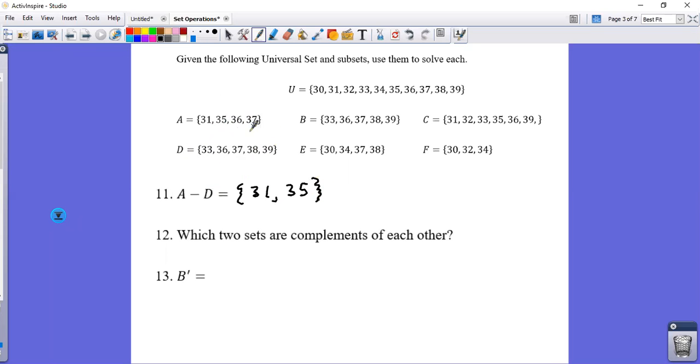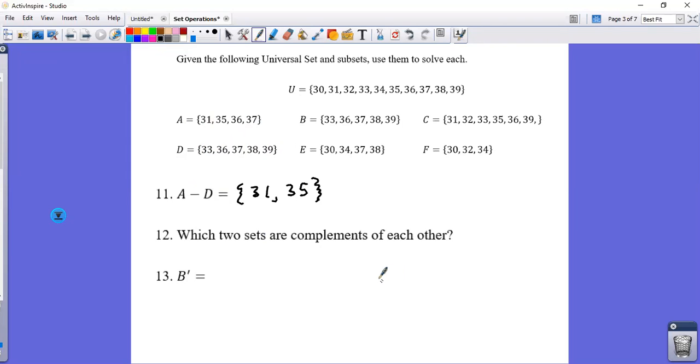So that's all that would be left. But this 33 that didn't exist in A at all has no effect on that subtraction. So it's only taken out. When you do subtraction, you're either going to get set A back or some subset of A, something smaller than A, but never are you going to have numbers come in that you're being subtracted out, if that makes sense, or elements.